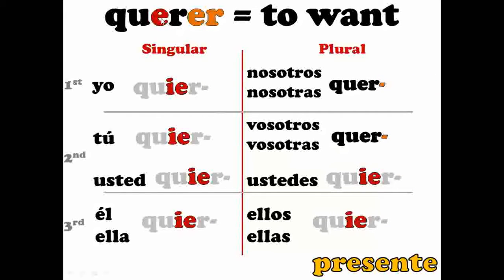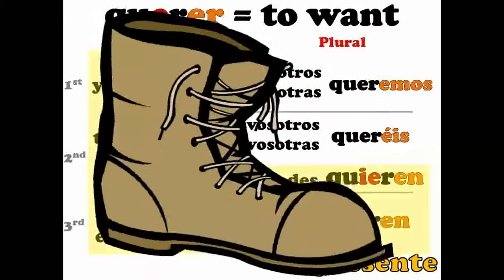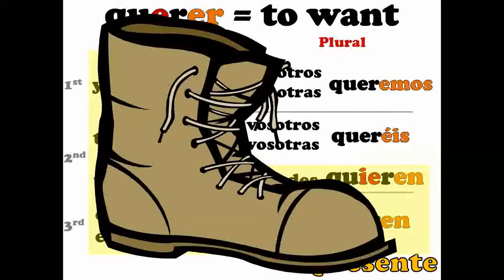The E in querer goes to IE in this particular shape, and to some people, it looks like a boot. So these are often called boot verbs, and that's just a handy way of saying nosotros, nosotras, vosotros, vosotras, they don't change. So it's queremos, queréis.